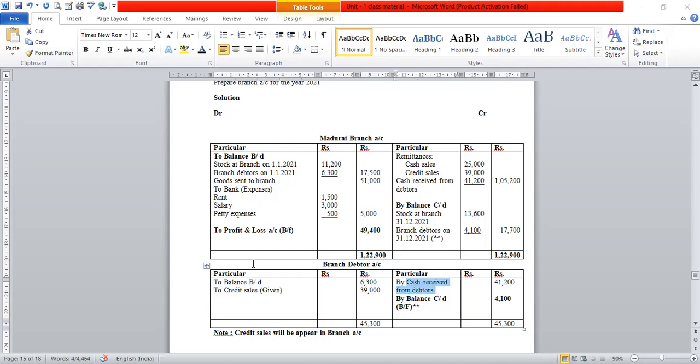Sometimes credit sales, opening and closing are given, and if cash received has to be found, we have to identify it and mention it here. In some places they give any 3 of these pieces of information, and one should be left over for us to analyze. In this problem, opening is there, credit sales is given, cash received from debtors is given. But which one is left over? The closing balance. So I identify that and put this amount here. That is, I have marked it with a double star. This one, star.